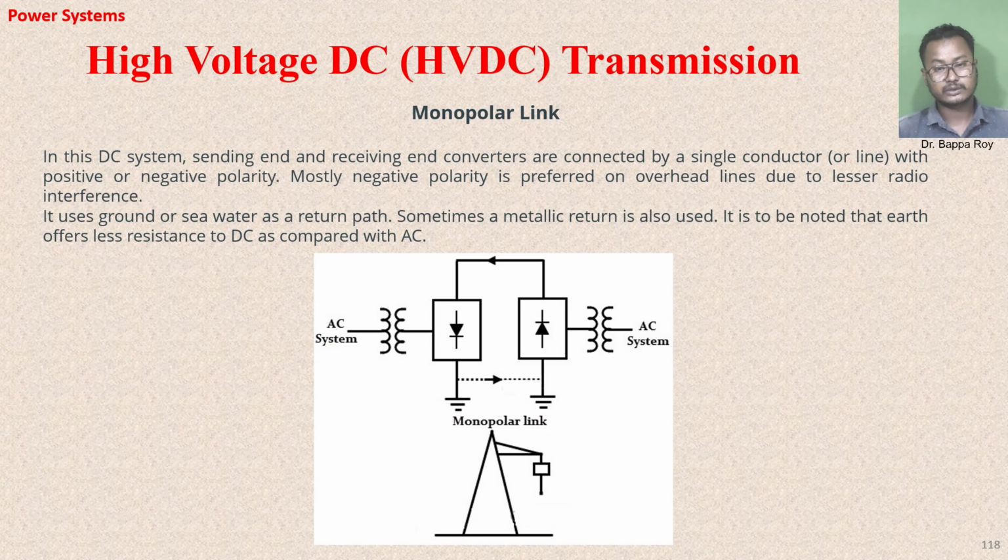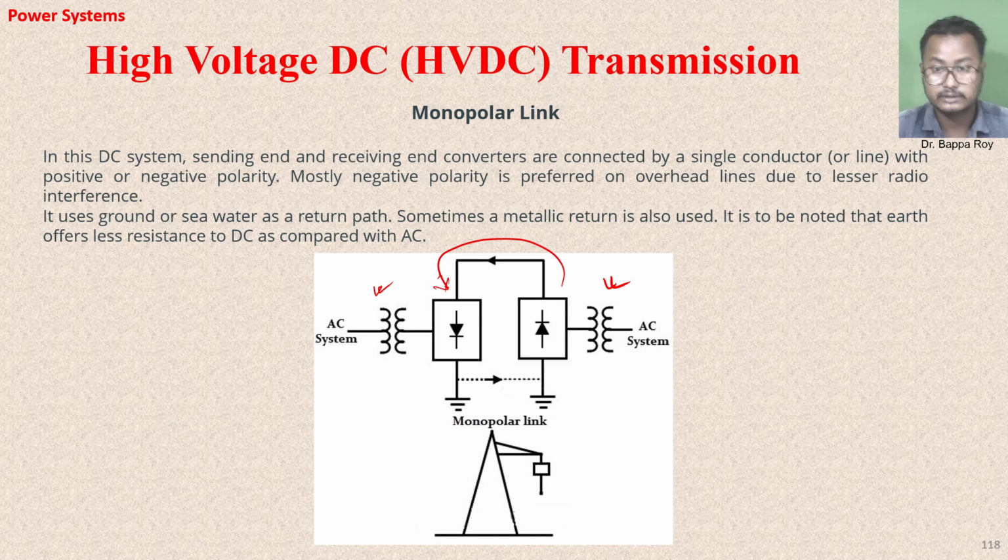In this DC system, the sending and receiving end converters are connected by a single conductor. Suppose this is the sending end and this is the receiving end. Only one conductor is connected. Both ends are connected through only one conductor. That is the monopolar link.